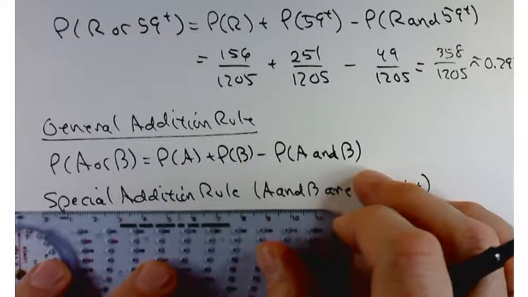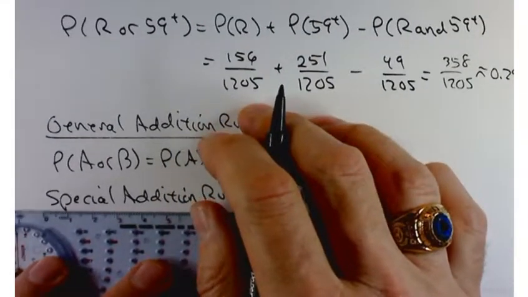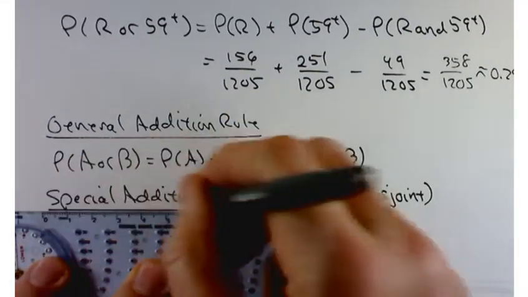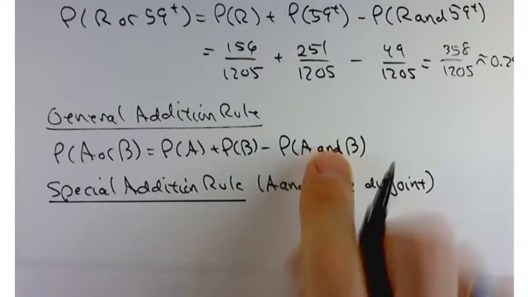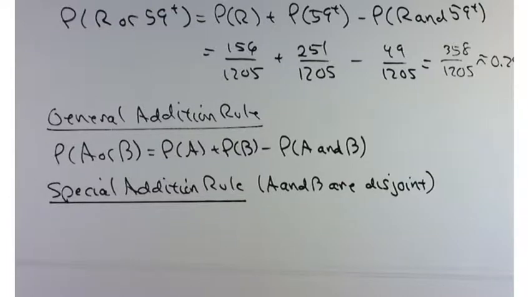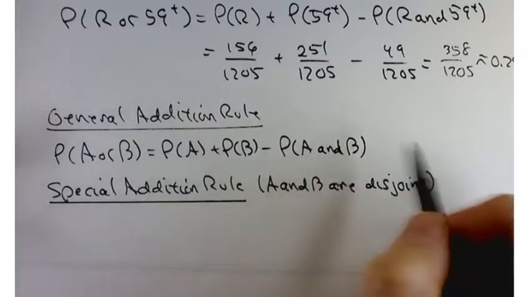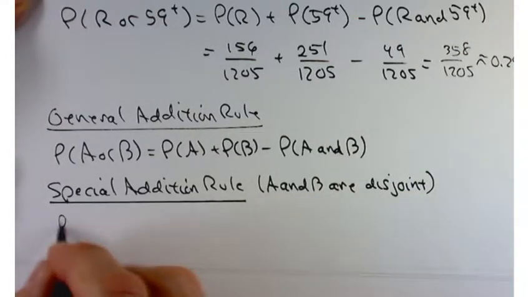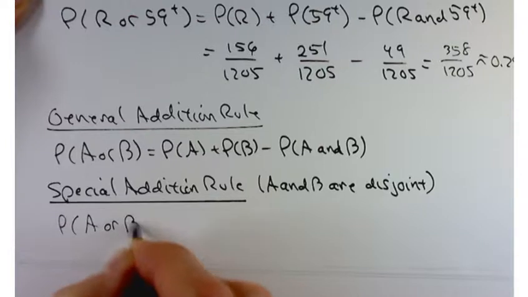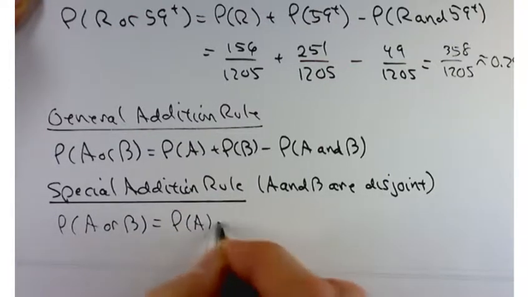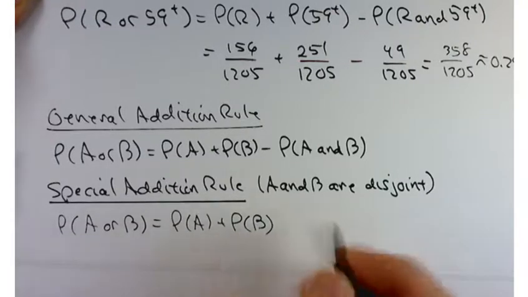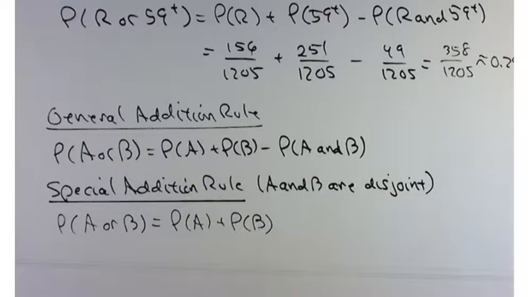Now the thing about mutually exclusive events or disjoint events is that they can't occur at the same time. A and B just don't happen at the same time. So this probability is just 0. You don't have to worry about it. And in that case, you can calculate probability of A or B just by adding up the probabilities, because that part is 0. There's no double counting when your events are disjoint.